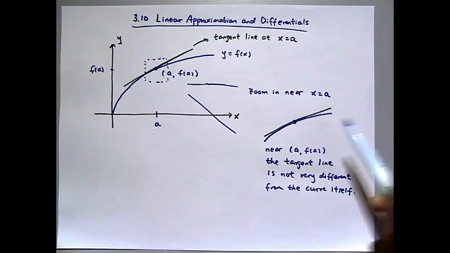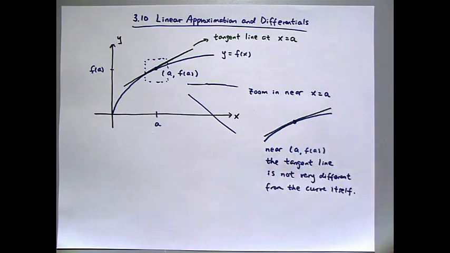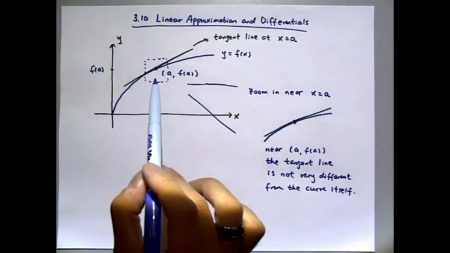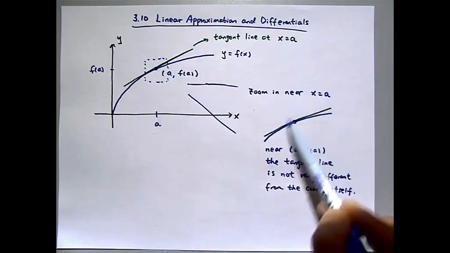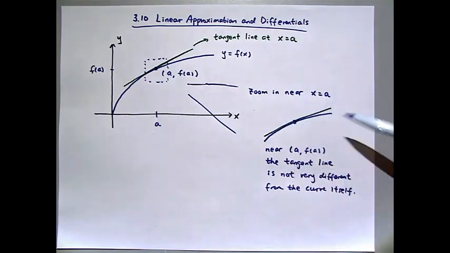And therefore, from our perspective, our line of sight, the tangent line, is a very, very good approximation of what the Earth looks like near us. But of course, once we look far away, we can see the curvature of the Earth. So that's the idea of the linear approximation. If we stay very, very close to a point, then the tangent line can be used to approximate what the curve is.